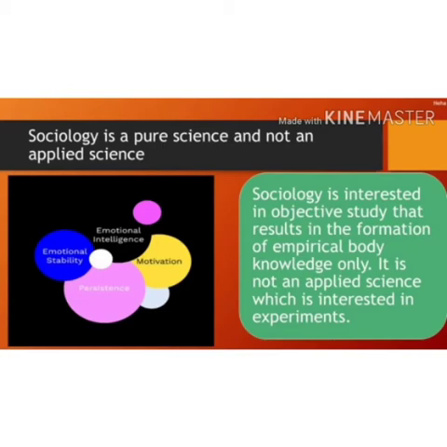Sociology is not an applied science which is interested in experiments. Some sciences, mainly physical sciences, are interested in experiments. They use different types of technology or techniques, but sociology studies things as they are; it does not do any experiments.